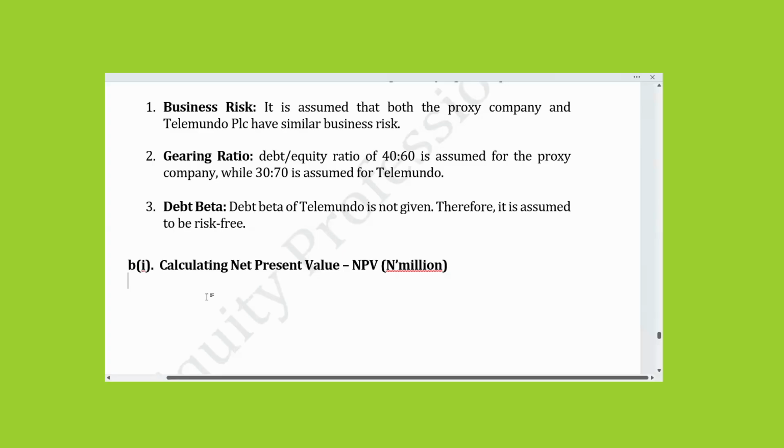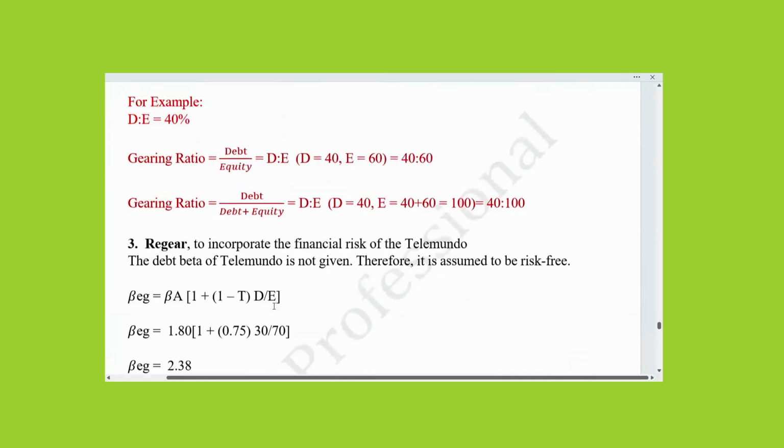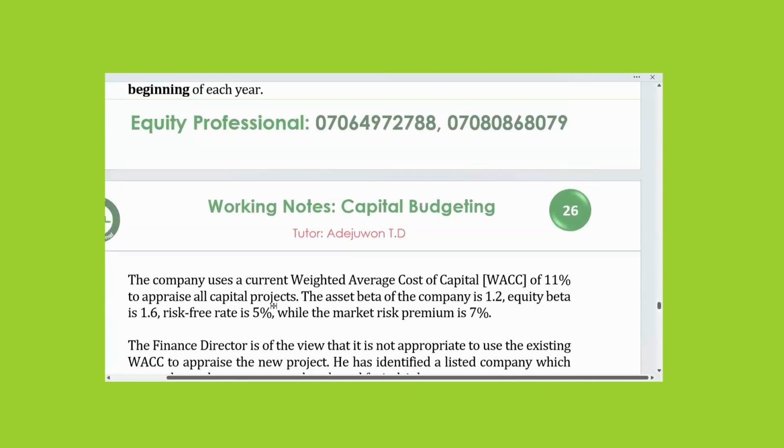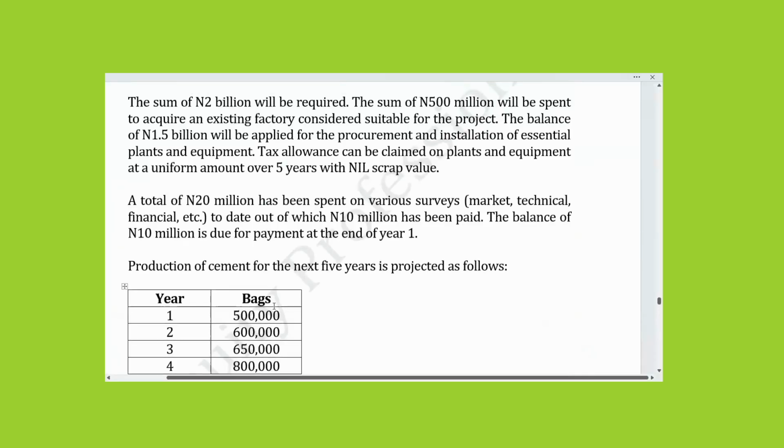For those of you in Isolo, I've not given you the columnar format, but here it is. I'll be explaining what you need to do. I will go back to the question and identify the useful life of these projects. According to the question, the useful life is 5 years.